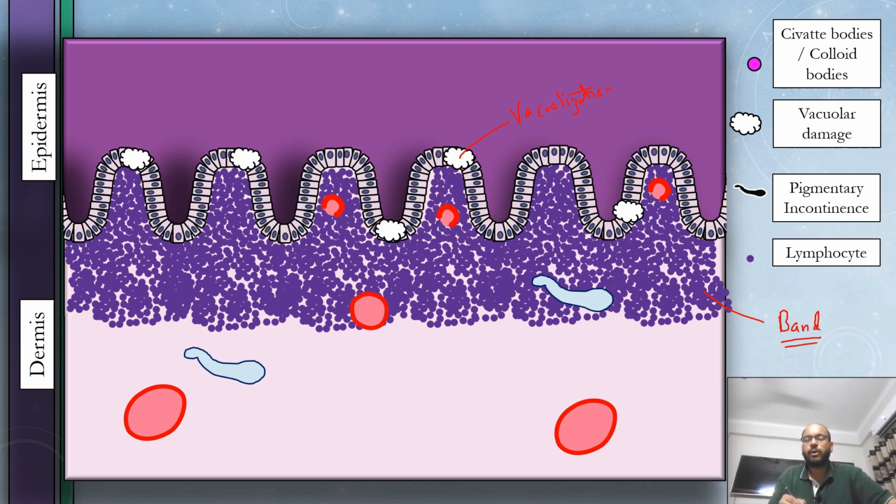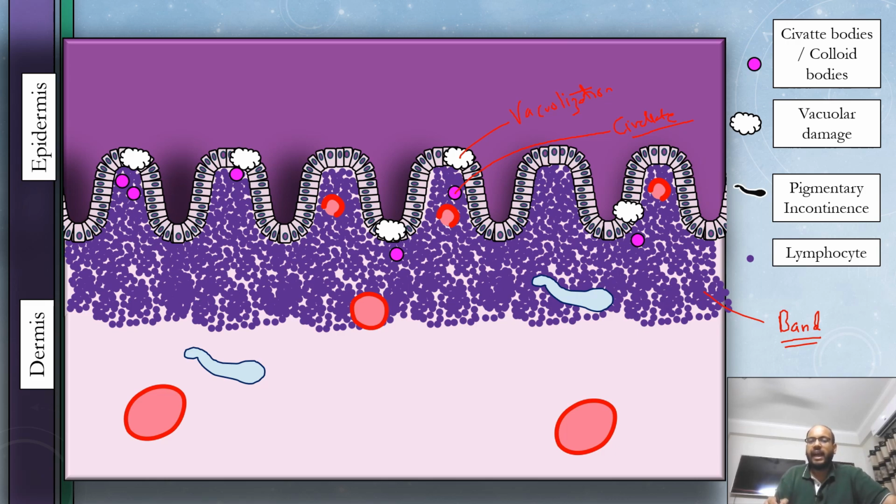So this white cloud-like figure that you can see are destroyed basal cells, leaving behind empty spaces, which is known as vacuolization. And what happens to the cells which are destroyed? They are going to drop down and form civet bodies or colloid bodies. So here we have civet bodies, and these are nothing but shrunken eosinophilic apoptotic keratinocytes, or destroyed keratinocytes.